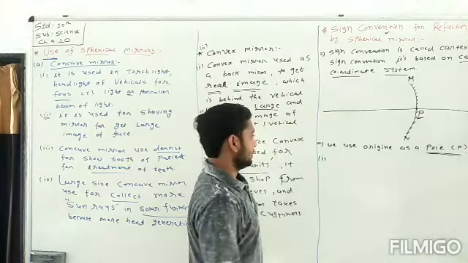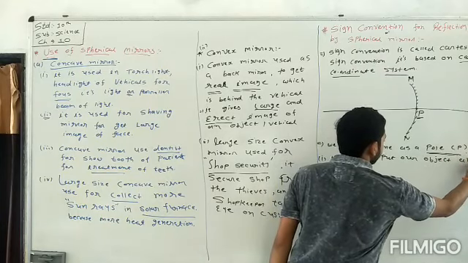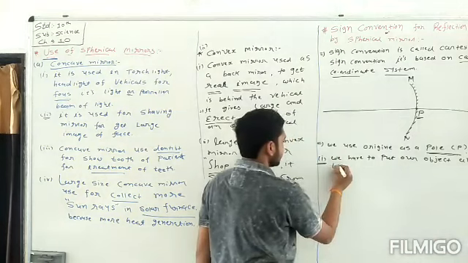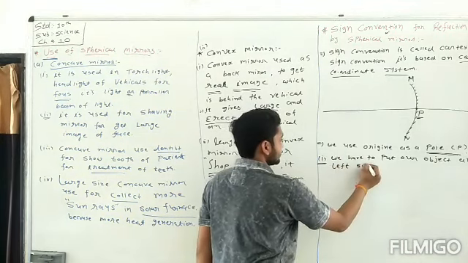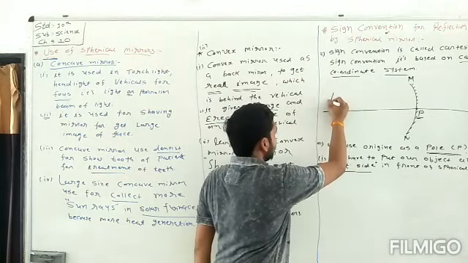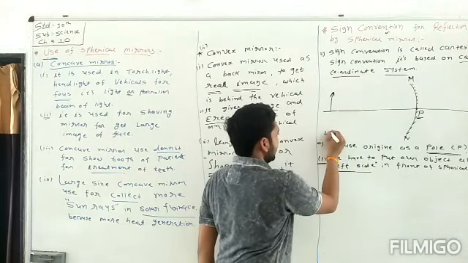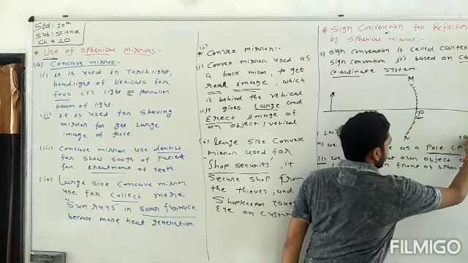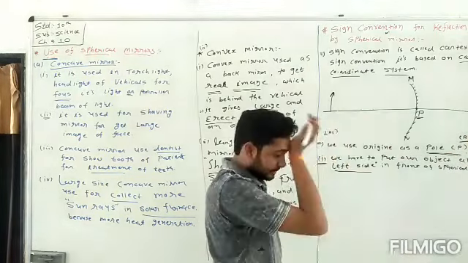Now, first, we have to put our object always left side, in front of spherical mirrors. We always put our object on the front side of the spherical mirror. So here is our mirror. Always we put our object on the left hand side, and this is the right hand side of the mirror.